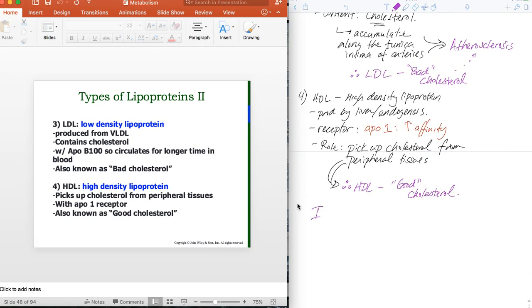And ideally, when you're checking your patients, you'd want to have a nice ratio, meaning you'd want that person to have high HDLs and low LDLs. The picture has been confused a little bit.